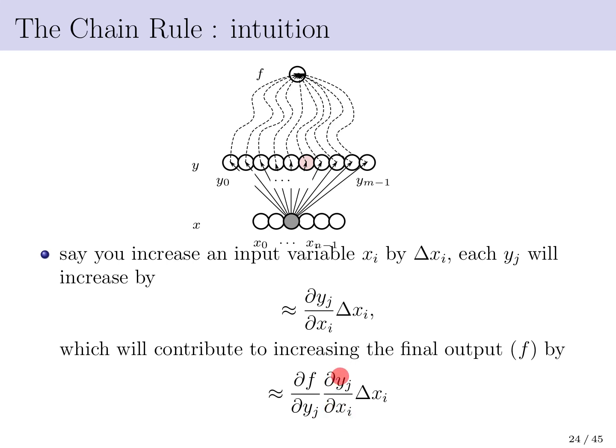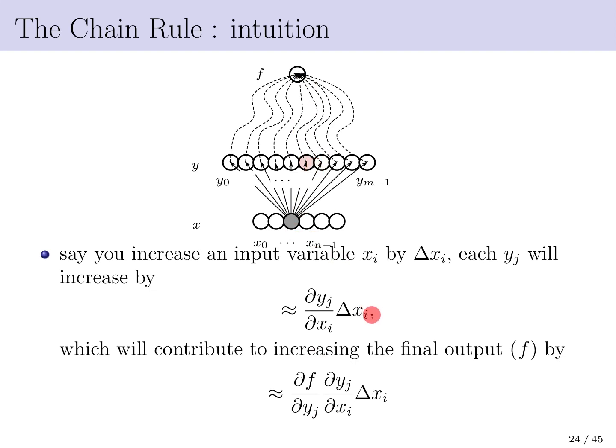In other words, the change to f will be amplified by another factor of df over dyj, right? So this is the change to f that happened through this particular variable yj.